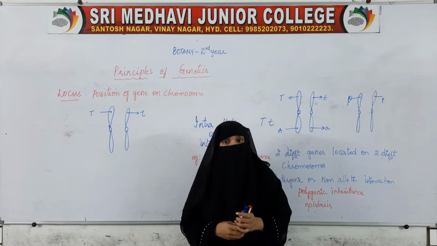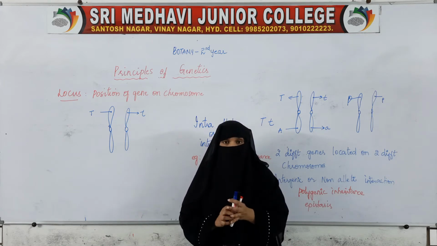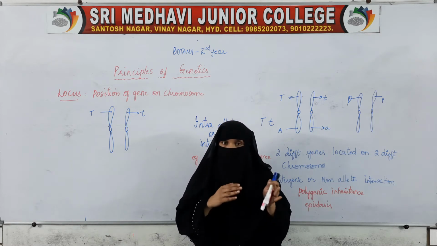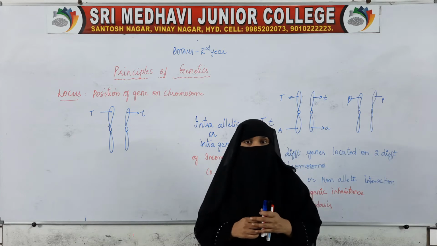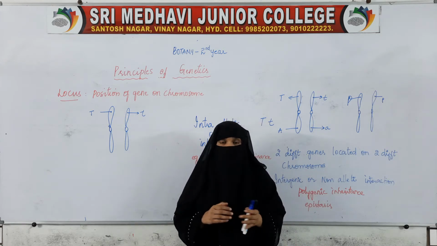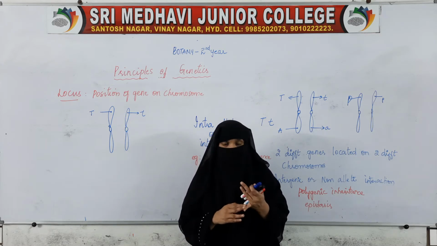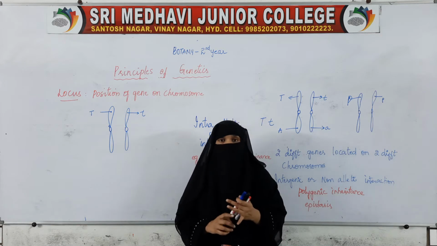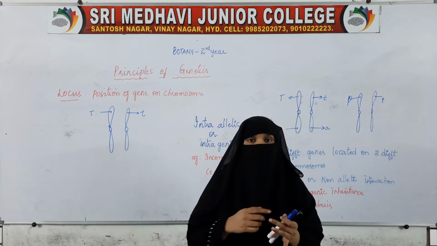What are those variations from the laws Mendel gave? The law of dominance said all organisms will show dominant traits in the F1 generation. But in some organisms, after so many years, there was a variation in what Mendel has said.